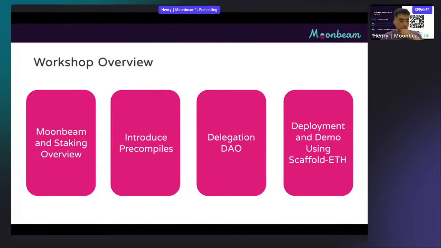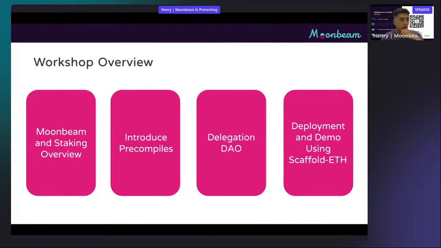In the first two parts, there are going to be a lot of slides, but we are going to go through them pretty quickly. They are just to give you some background information so that you can make sense of what we're going to build and why we designed the DAO app a certain way. After the first two sections, the meat of the workshop will be the second half, which will be creating the actual delegation DAO app.